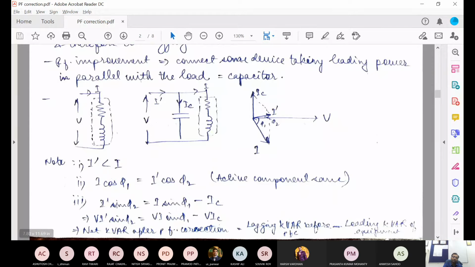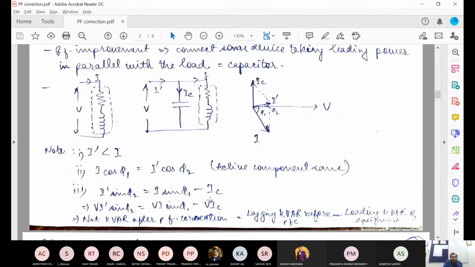So here what we can write is I dash sine phi 2, the Y component of I dash, is nothing but IC minus I sine phi 1. That we can write out here. And if you just multiply this equation with your voltage value, so V I dash sine phi 2 equal to V I C minus V I sine phi 1.